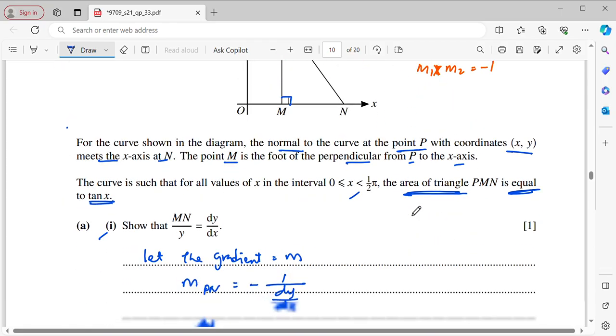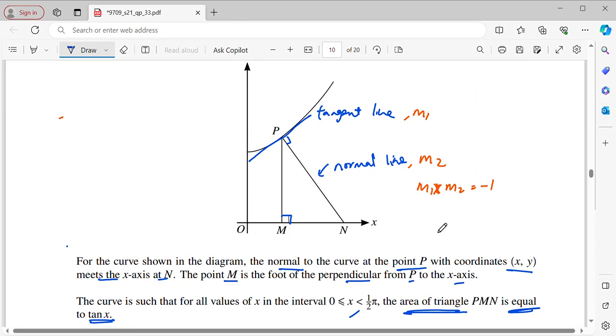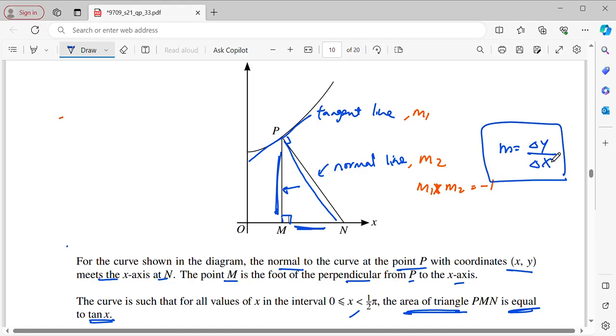So the gradient of PN, how to find this? It will be negative of PM over MN, because the gradient is the change in y over change in x. Okay, so the change in y is PM, and then the change in x is MN.